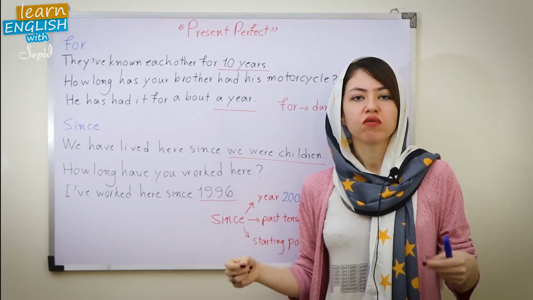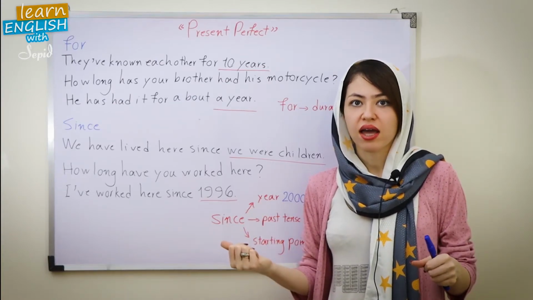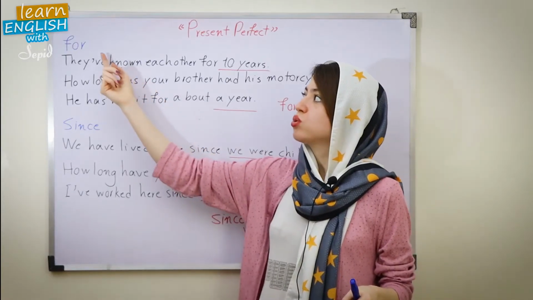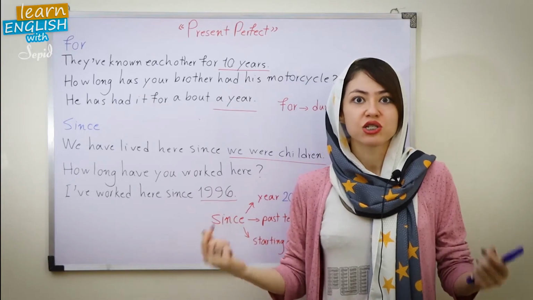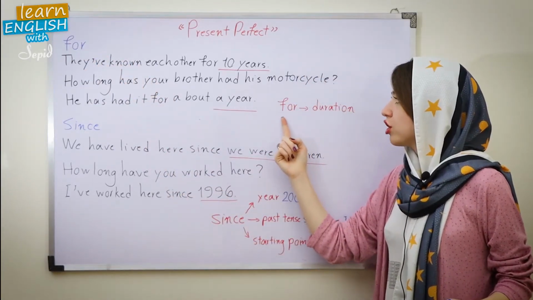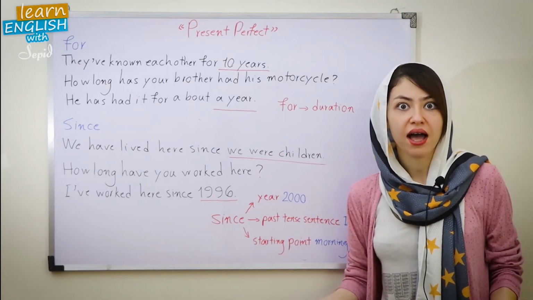If you remember, we've worked on present perfect in 2A, okay? Now on 2B part, we are going to talk about the usage of these words. So let's go. For is used in order to show the duration of the time.